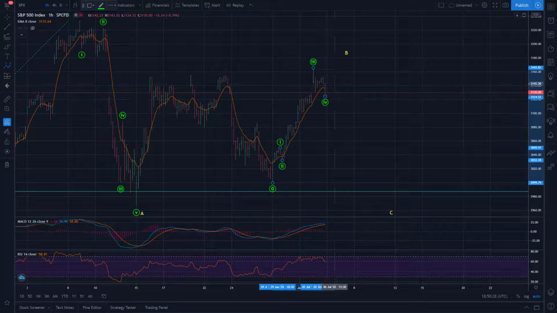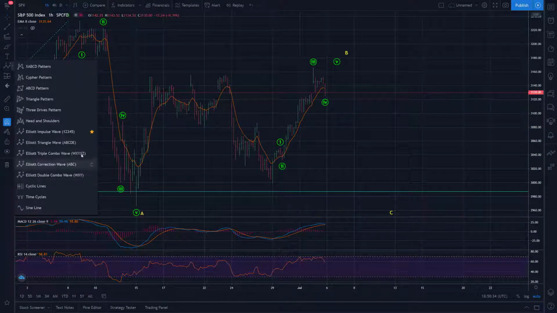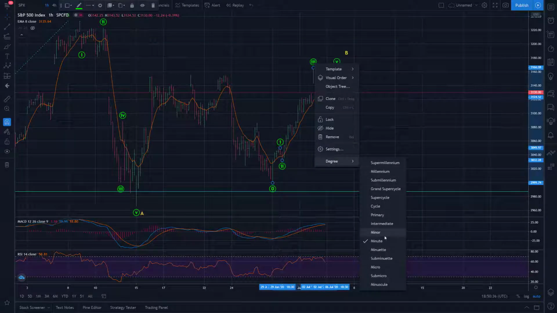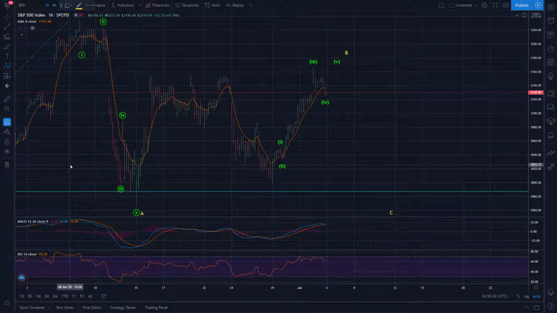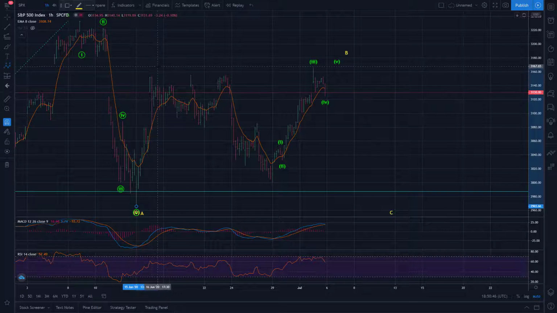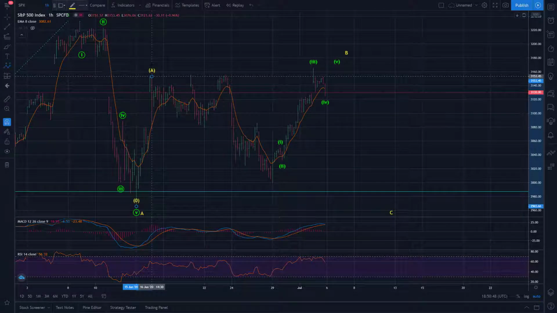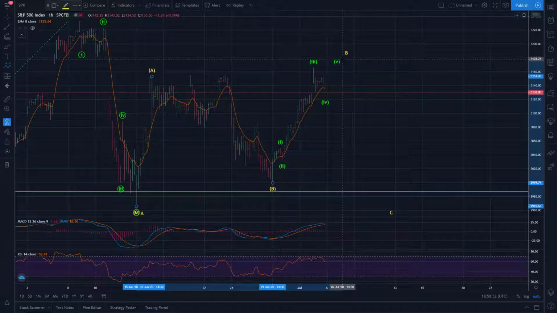Maybe that's 4, and then we got one more pop up in 5 for the C of the B. So let me just get a few more labels up here. Should probably drop this down by one degree. Just bear with me. So what I think we got going on here, let's call that our A, B, and C of the B. Let's get this degree correct.